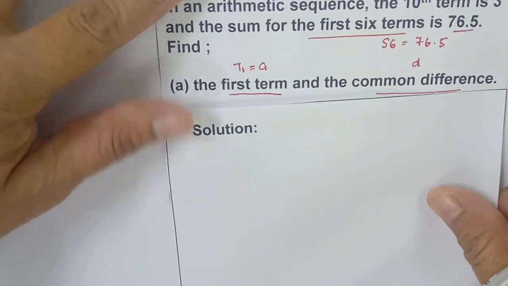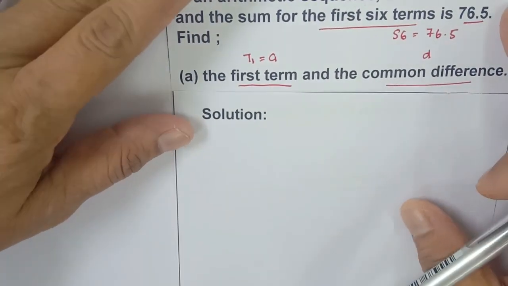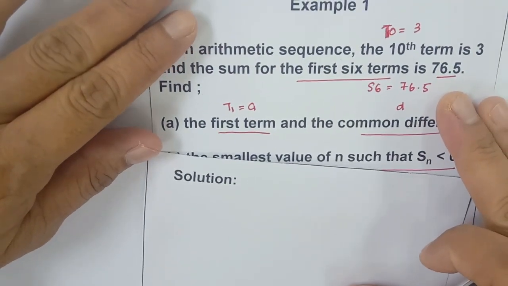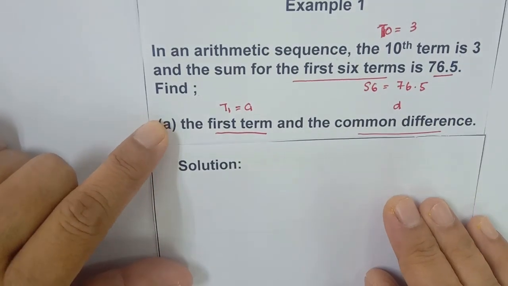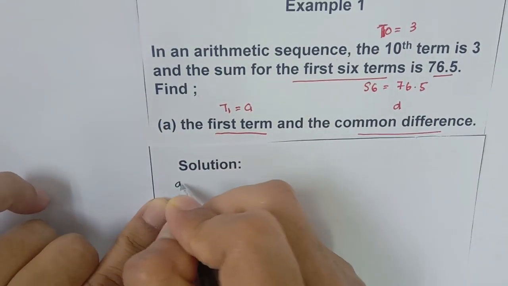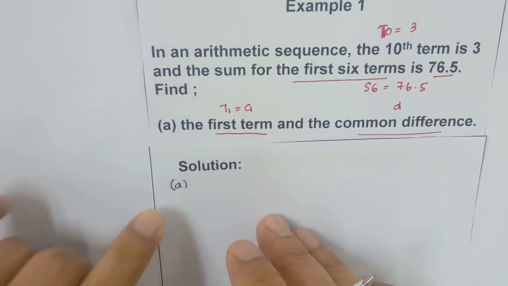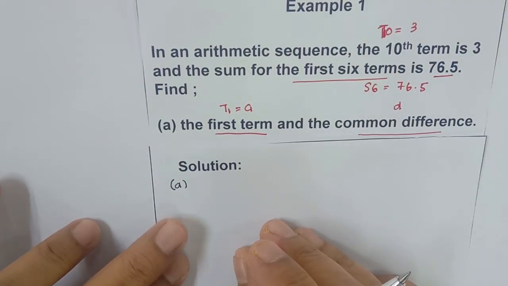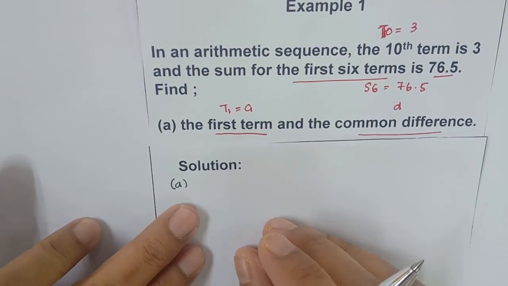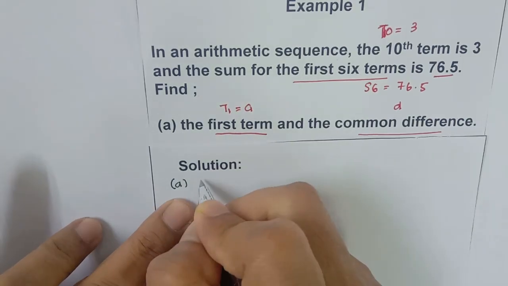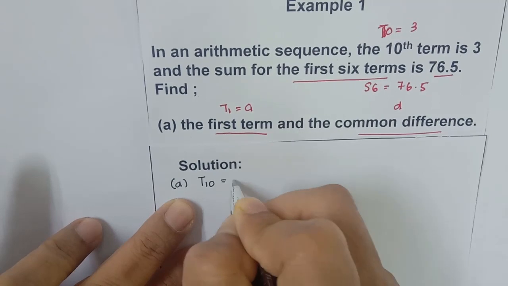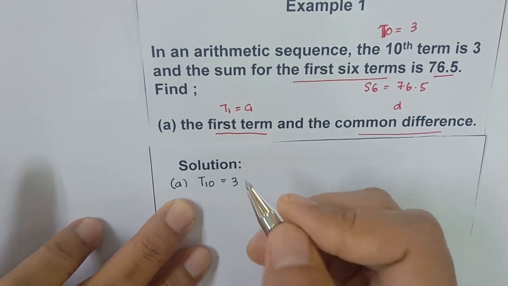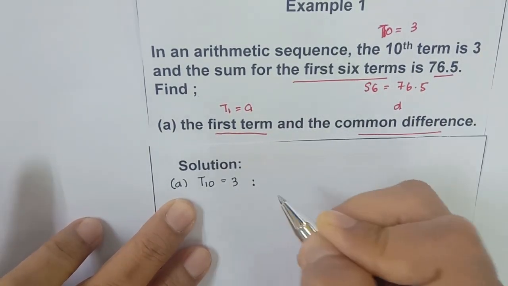Given the 10th term T10 equal 3, then substitute into the Tn formula.